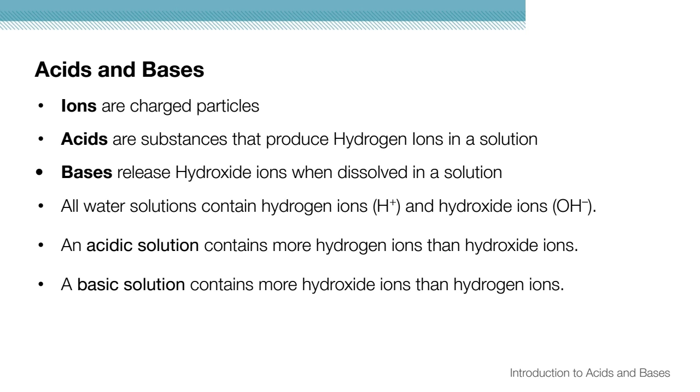So in an acid, it produces hydrogen ions. That is a positively charged ion, meaning it lost an electron. Bases release hydroxide ions. That's a negatively charged ion, meaning it accepts an electron.